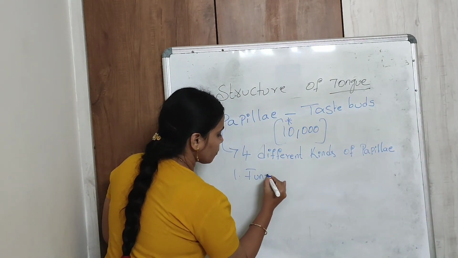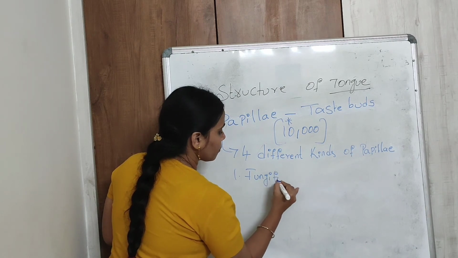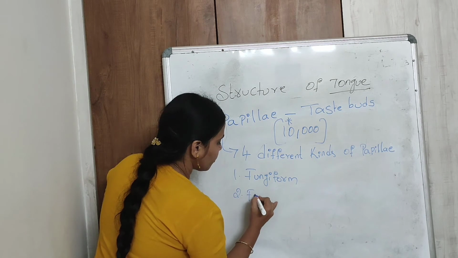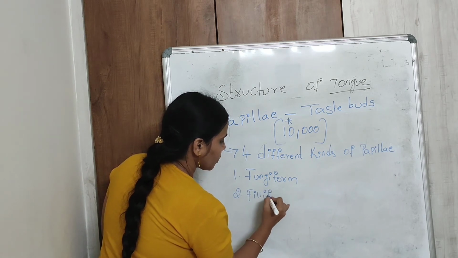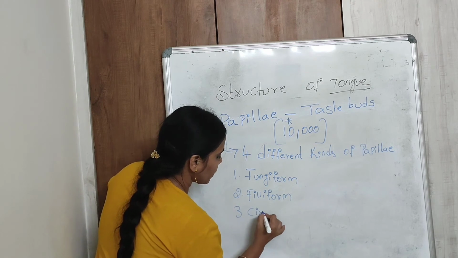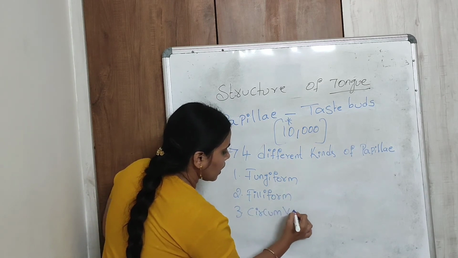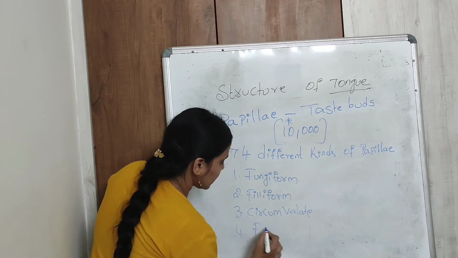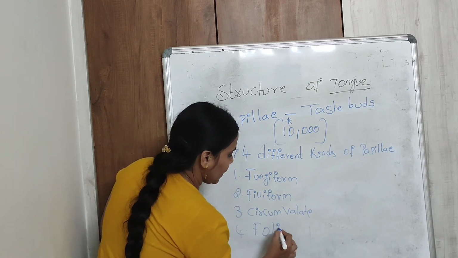One is fungiform. Second one is filiform. Third one is circumvallate. And fourth one is known as foliate papillae.